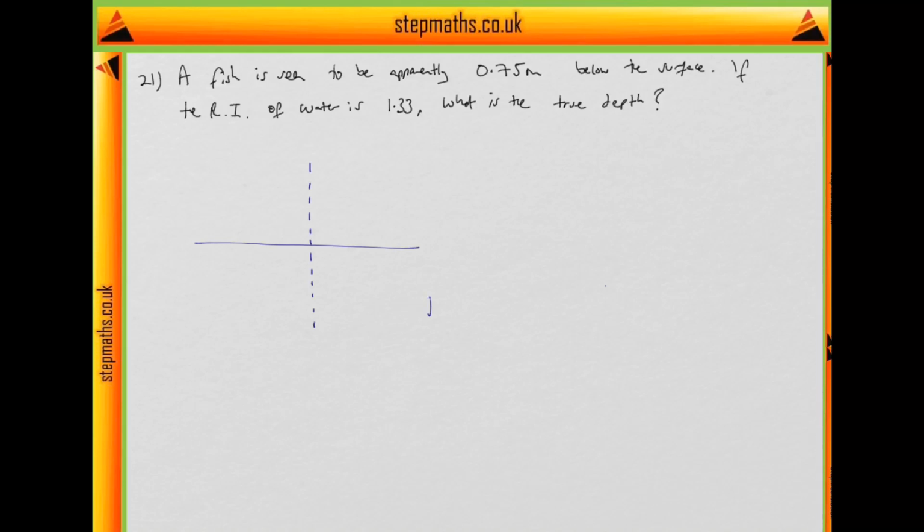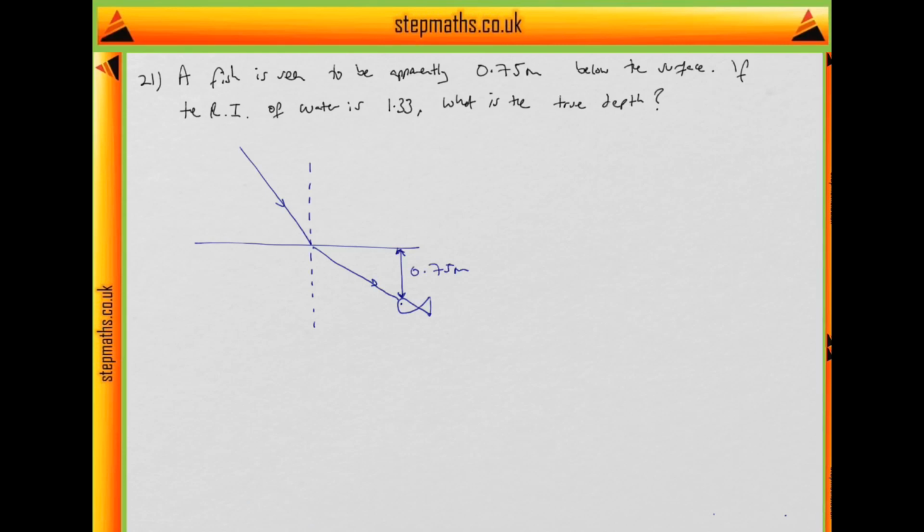So we have some ray of light coming here, and then refracting and going towards the fish. So this distance here is the true depth, and the apparent depth is 0.75 meters.